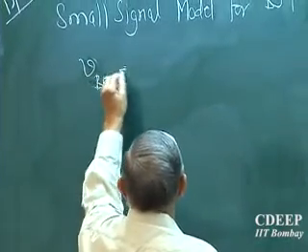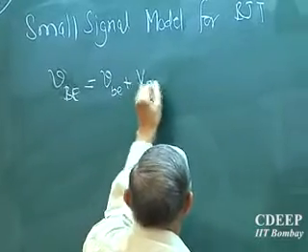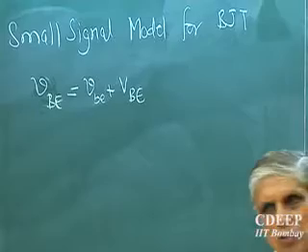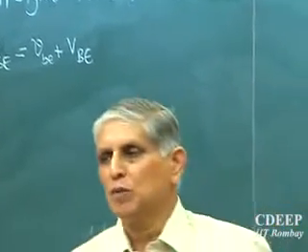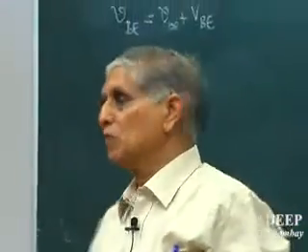VBE is equal to DC VBE plus AC VBE, so net VBE is equal to DC VBE plus AC VBE, which is small VBE.